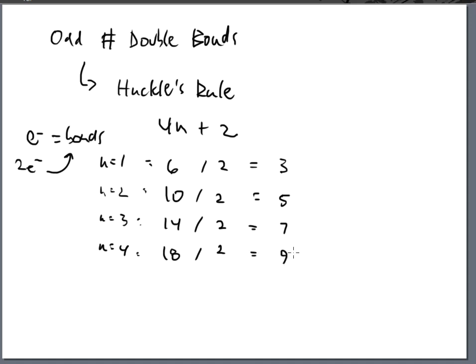Folks, this is a way that Huckel basically proved an odd number of double bonds exist. He used this equation and said everything follows this trend, and every calculation that we do on these compounds, we get an odd number. So aromatics have to have an odd number of double bonds, and it originates from this equation.